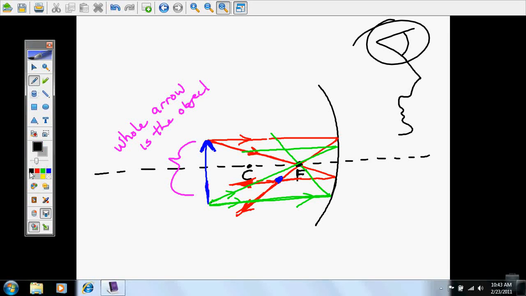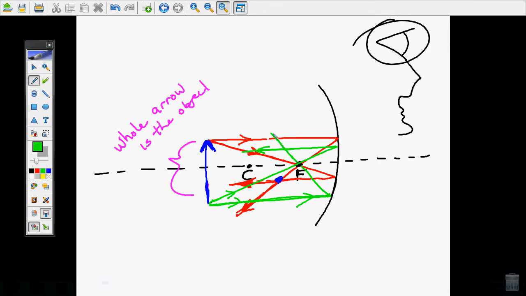Now, once again, here are the light rays that got reflected off the mirror that originally came from the person's feet, yes?